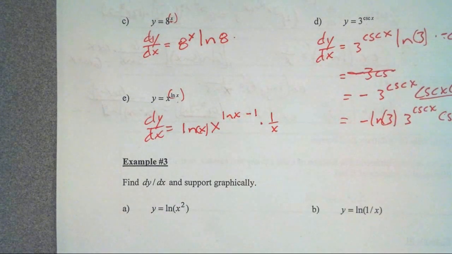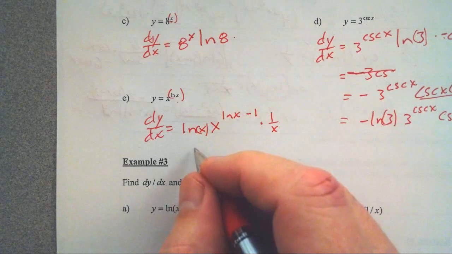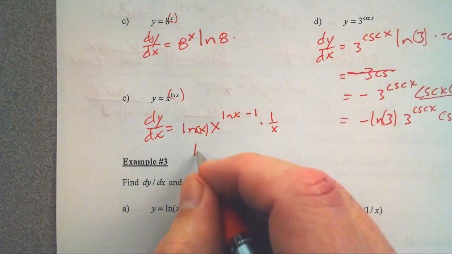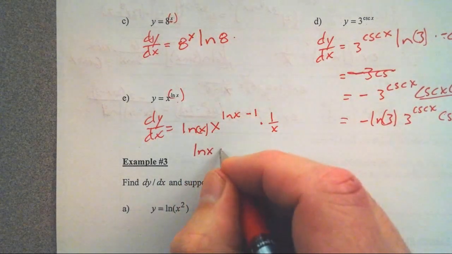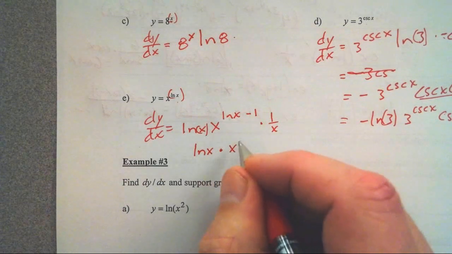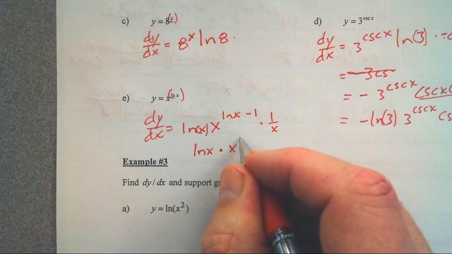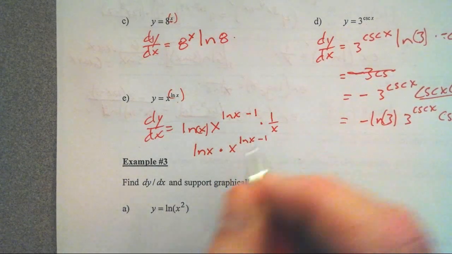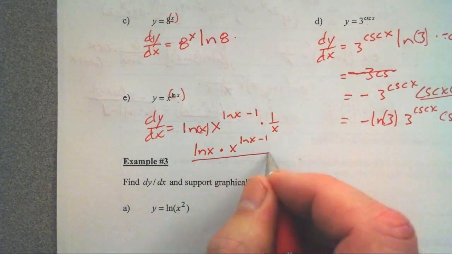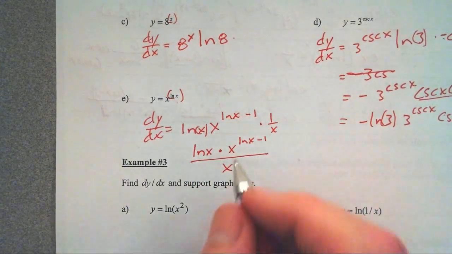All right, this one we're going to simplify. Let's see, I don't have a lot of room here. ln of x times x to the ln of x minus 1 all on x.